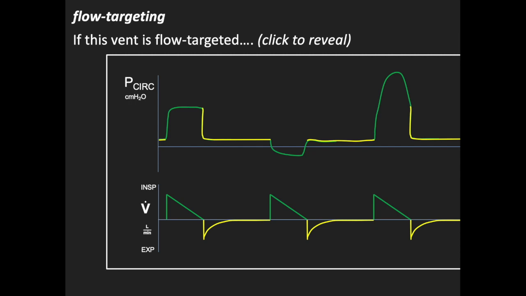The ventilator will always want to give the exact same flow in the exact same shape with each breath. And that can be uncomfortable because if you want to cough, the ventilator doesn't care and it will push this flow into you. And if you want to take a bigger, deeper breath, the ventilator doesn't care and it will keep your flow at this same level even though you would like a faster flow, and as a result, the pressure in the tube will drop.